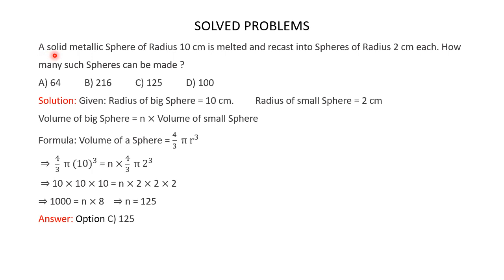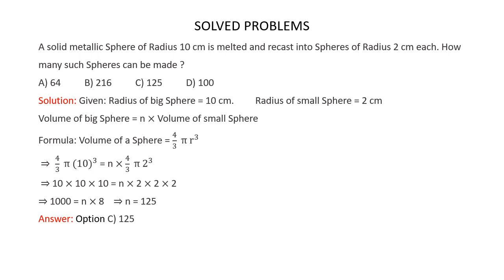A solid metallic sphere of radius 10 centimeters is melted and recast into spheres of radius 2 centimeters each. How many such spheres can be made? So here you are given 4 options and you have to find out which of these options is the correct one.